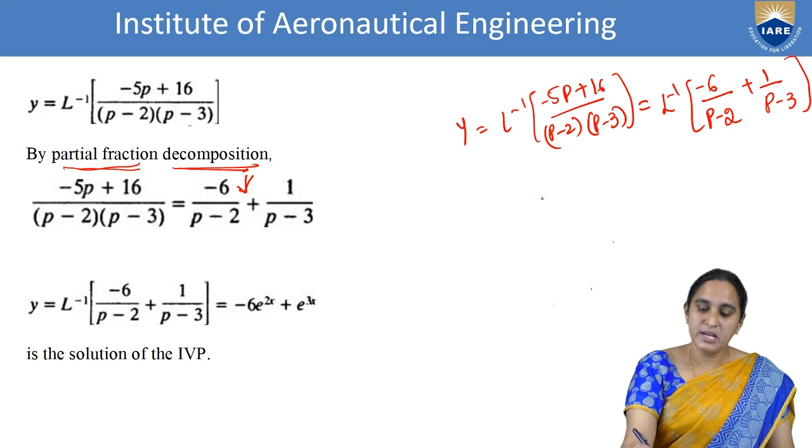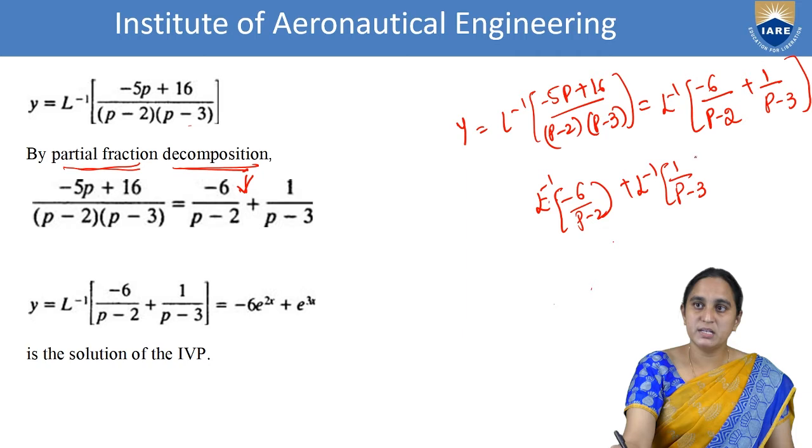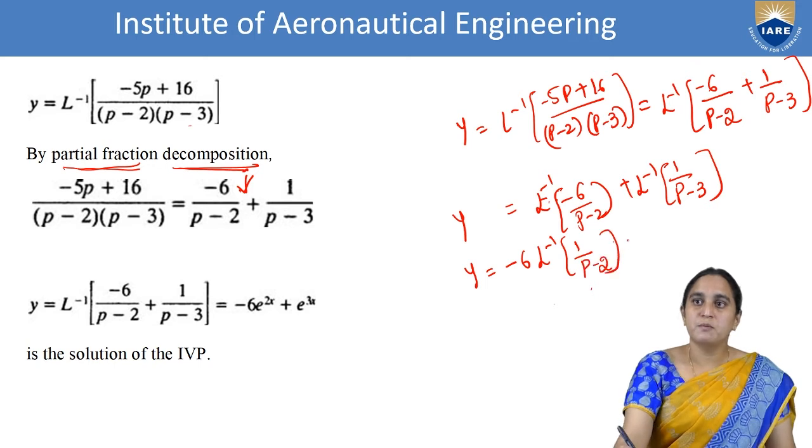That is Laplace inverse of -6/(p - 2) plus Laplace inverse of 1/(p - 3). Therefore, y is equal to, taking -6 outside, Laplace inverse of 1/(p - 2) plus Laplace inverse of 1/(p - 3). What is the formula for that?